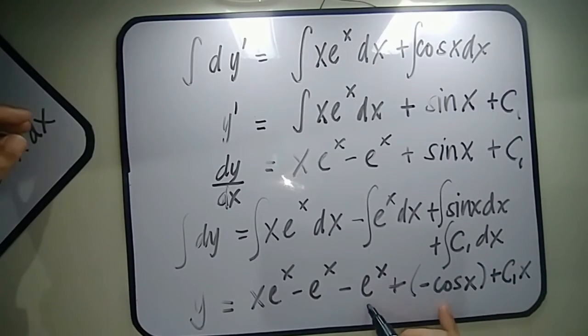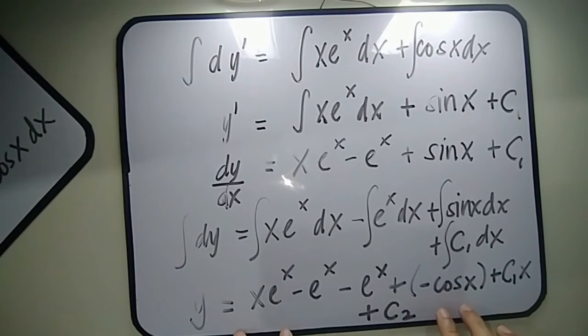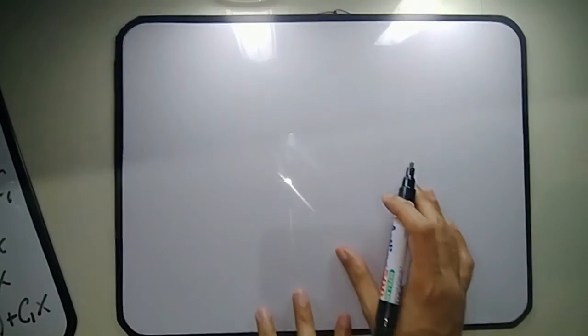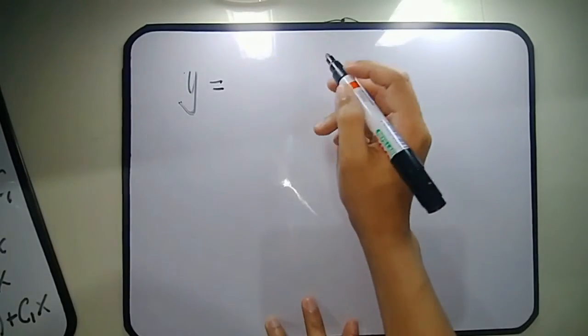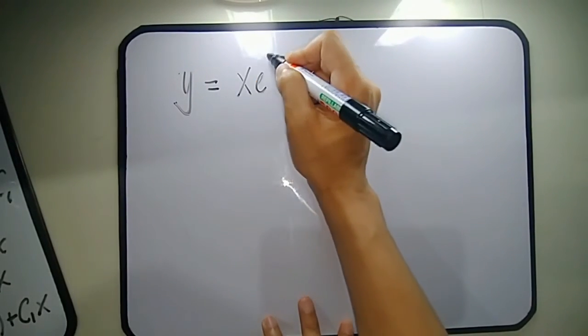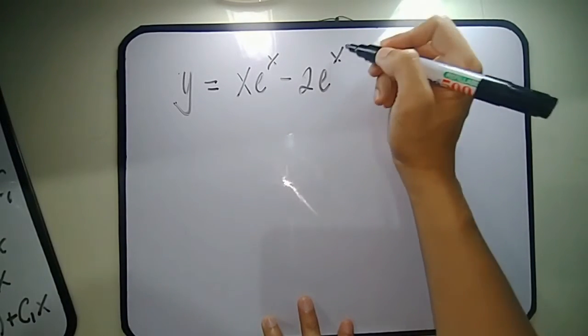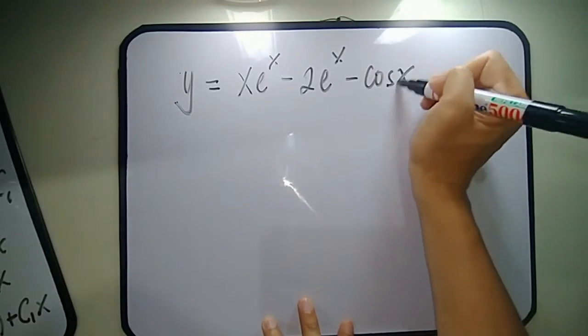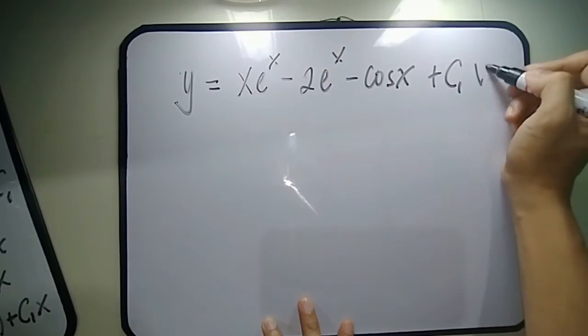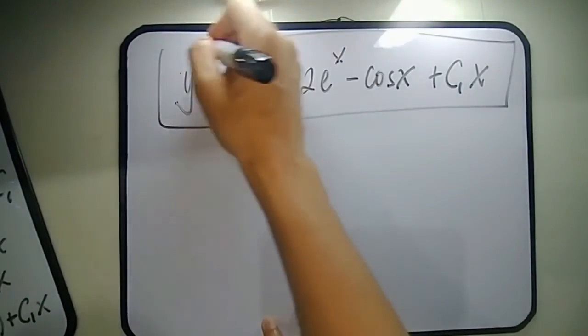Of course, we have a constant plus c2. So this is our general solution for this higher order differential equation. We just simplify this. So the general solution will be y equals x e raised to x minus 2 e raised to x minus cosine x plus c1x. So this is our general solution.